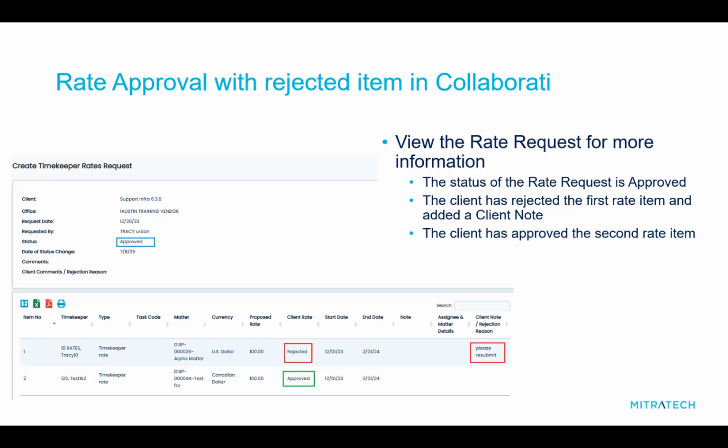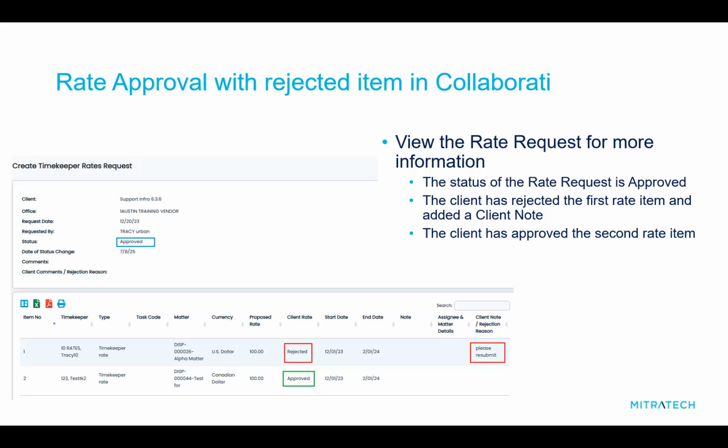So here we can see the rate that has a rejected item and an approved item. At the bottom of the page, you'll see the approved item has a green box and the rejected item has a red box. There is also a comment on the right side of the rejected item that says, please resubmit. And the status of our rate request here is approved.